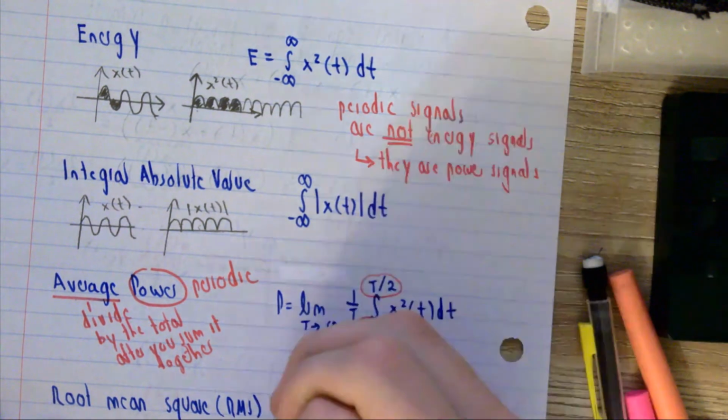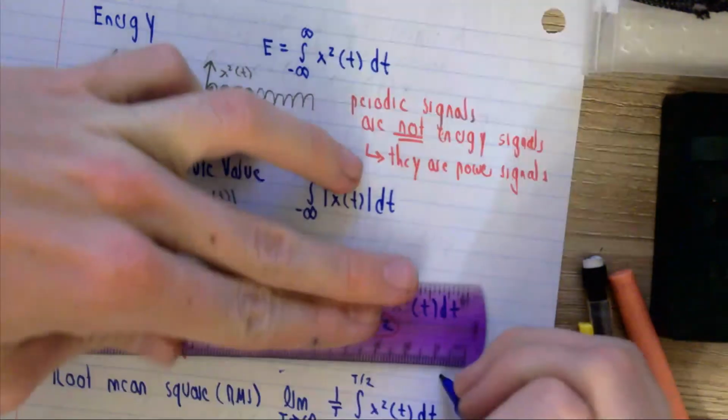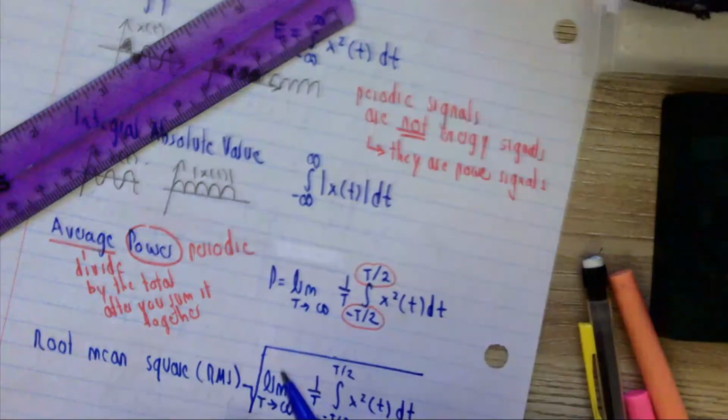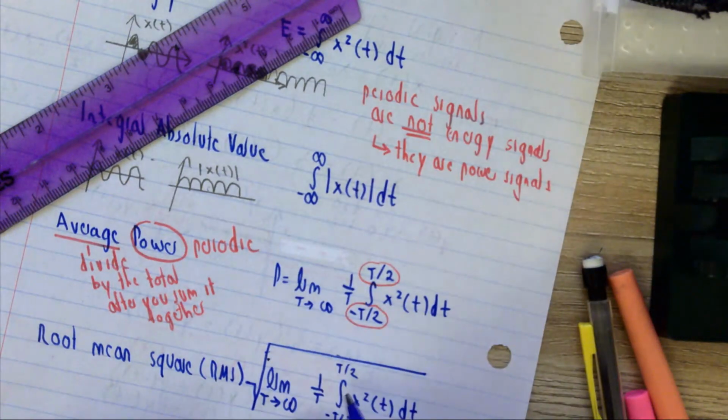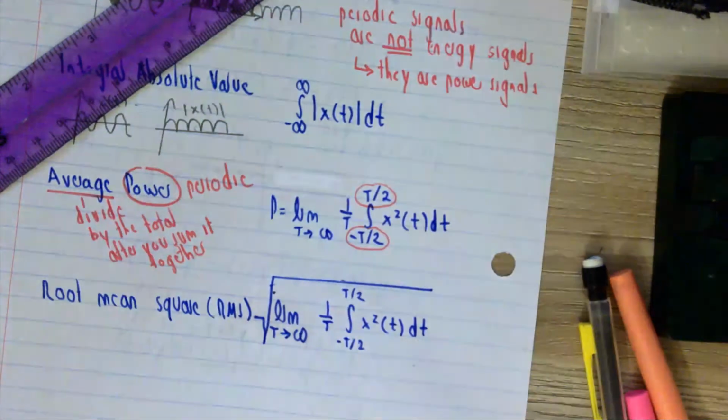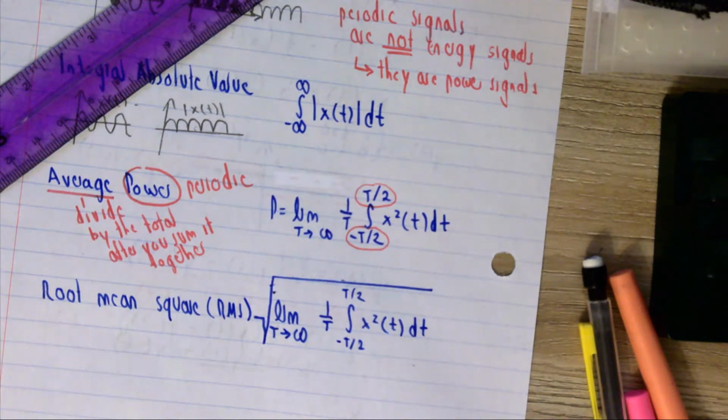You take the root of the mean, because you do 1 over T, and then you square the inside. That's where root mean squared comes from. You take the root, then you take the mean, and then you square it. And then now average absolute value.